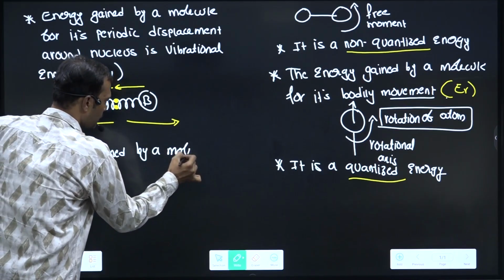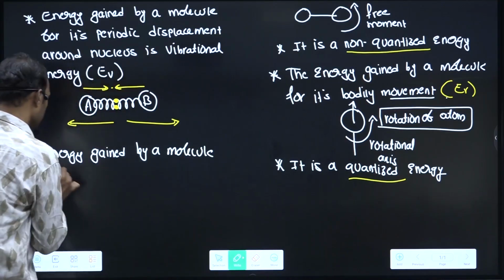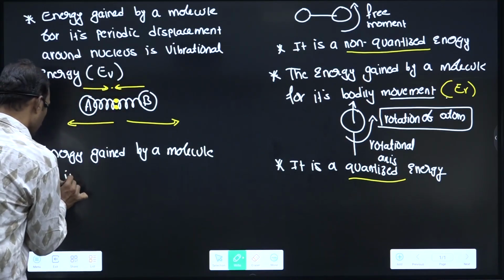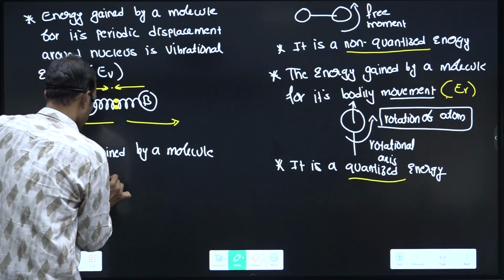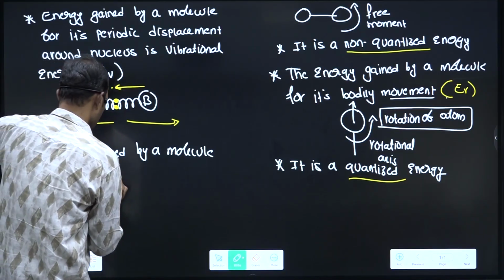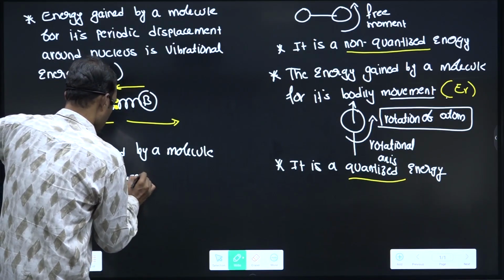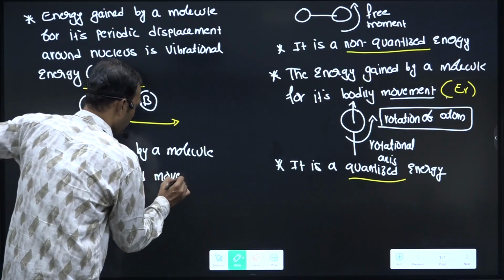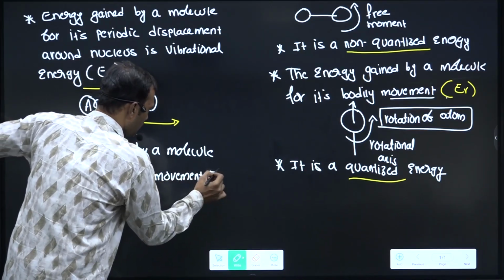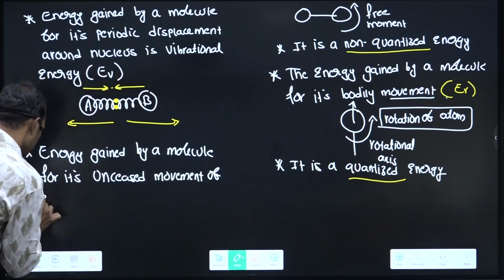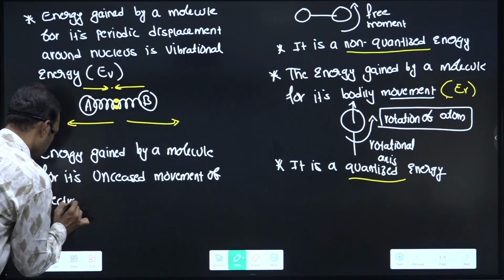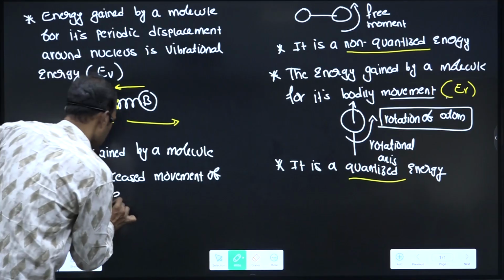Next is energy gained by a molecule for its unceased movement of electron, which is electronic energy level.